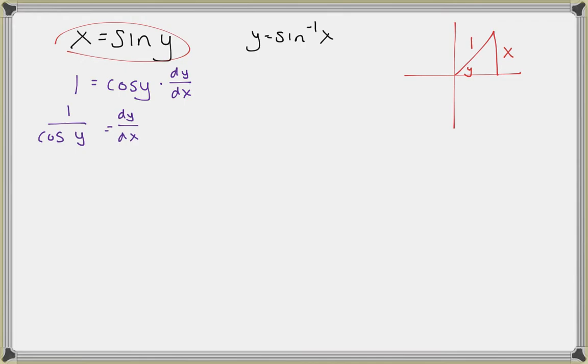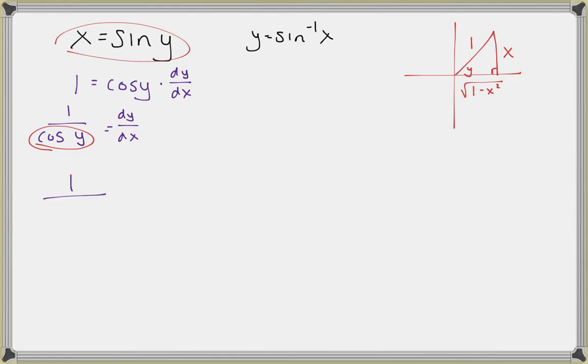Well, then we can use the Pythagorean theorem to find what this other side is, and that other side would be the square root of 1 minus x squared, just solving through the Pythagorean theorem there for what that other side would be. So if our derivative is 1 over the cosine of y, well, we can grab what is the cosine of y from that picture.